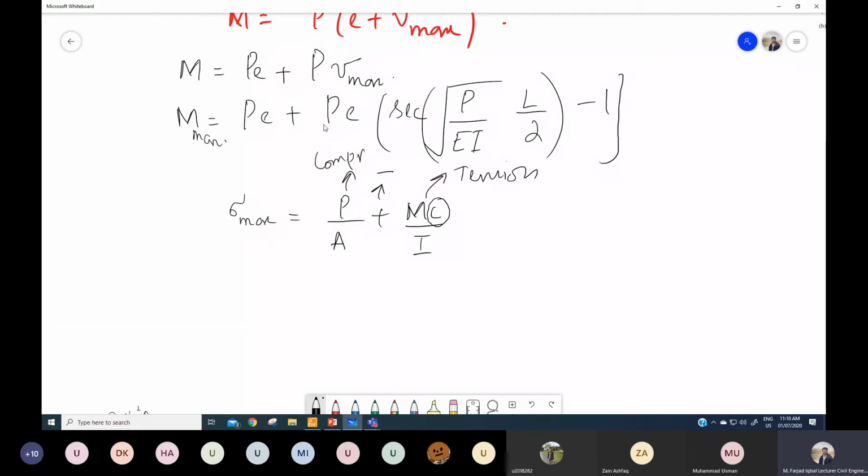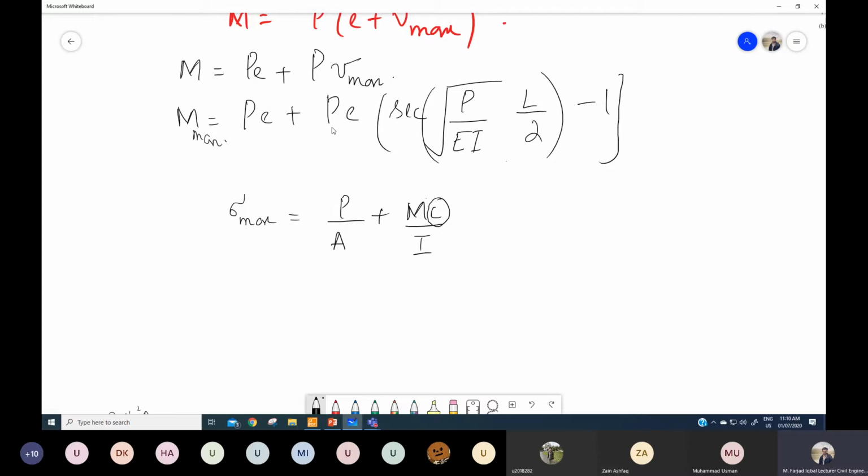It is very rare in the case of a column, but you should know which assumption we have based the positive sign on, because bending stresses can be tensile as well as compressive. So if the C distance on the tension side is greater, you would take the negative sign over here. Anyway, let's continue with this.